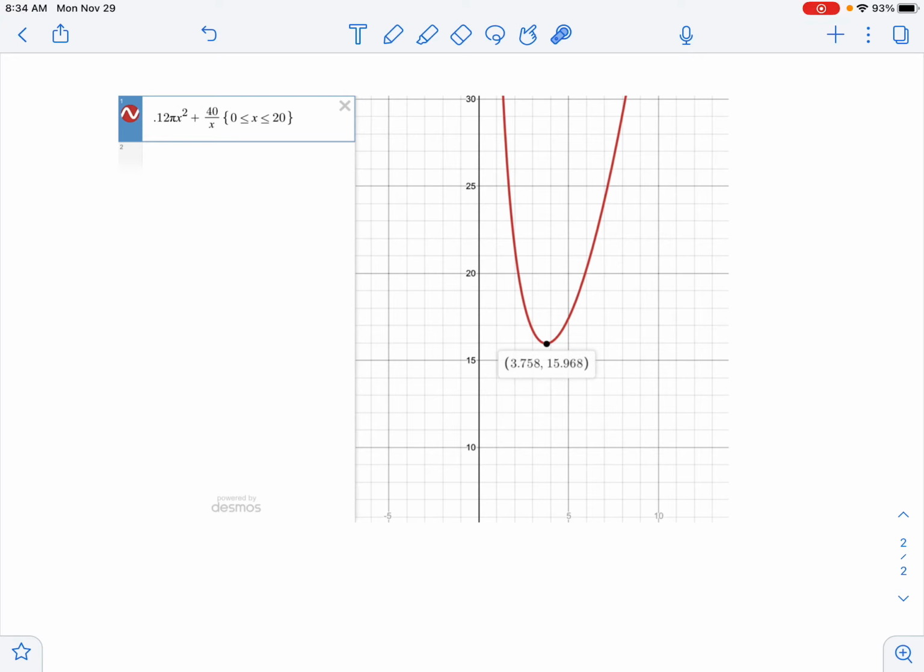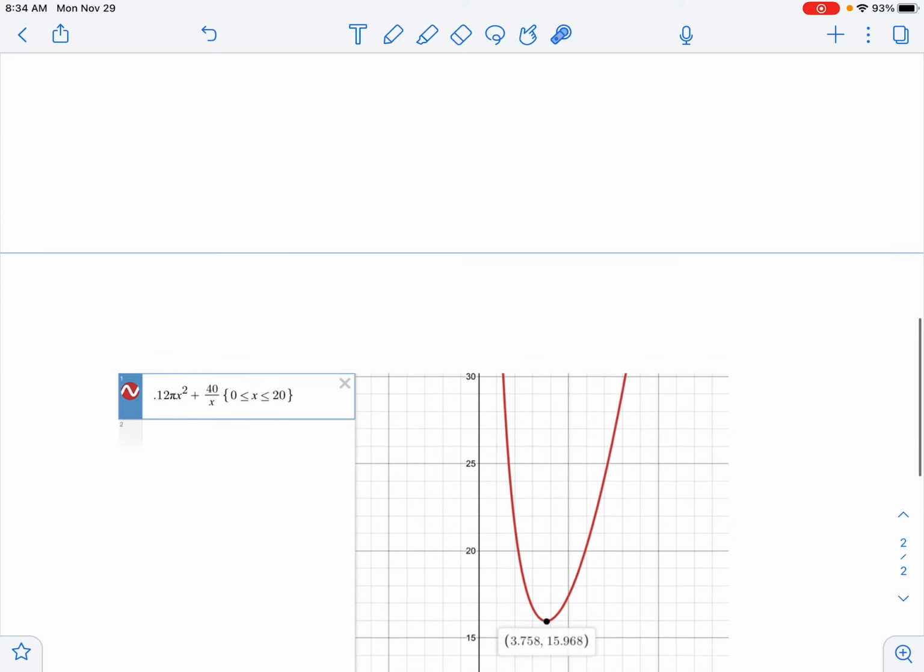It makes what amounts to almost a parabola, and it has a minimum value right here. This is its minimum value. And so the value of r is 3.758. So that would be, rounding to two decimal places, 3.76.